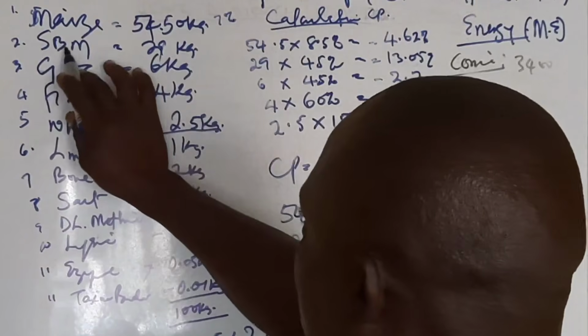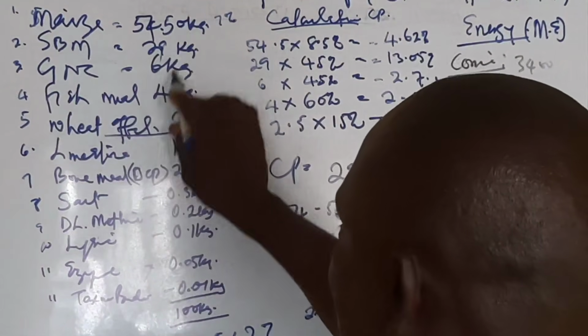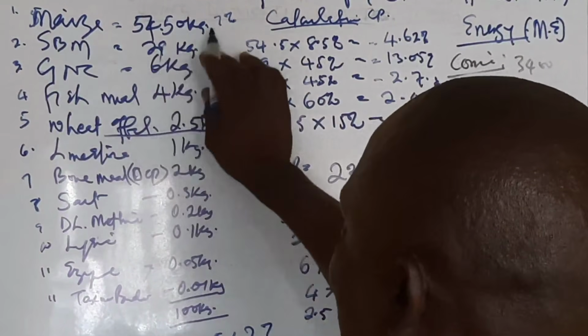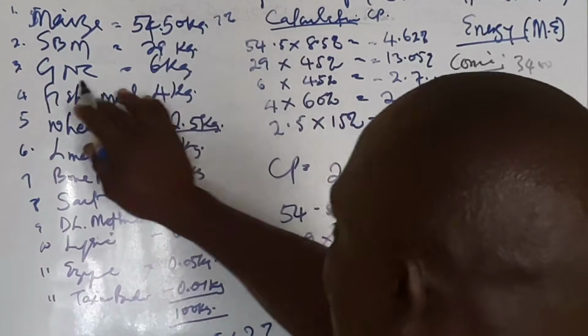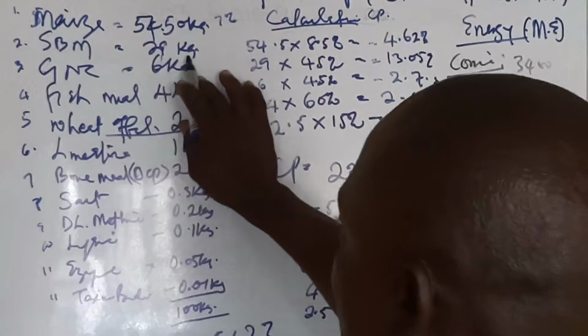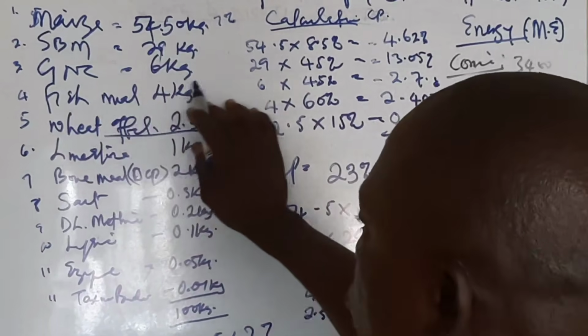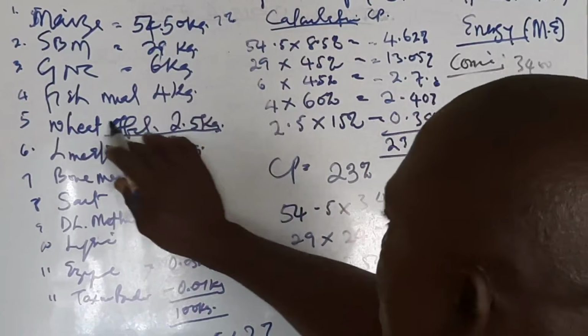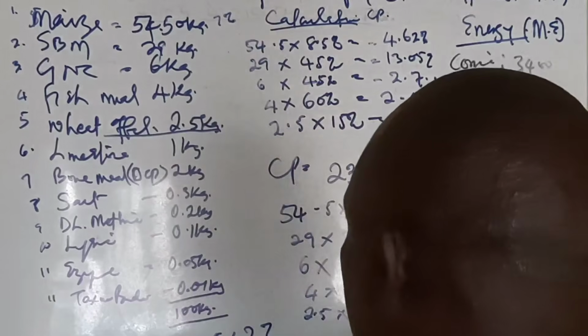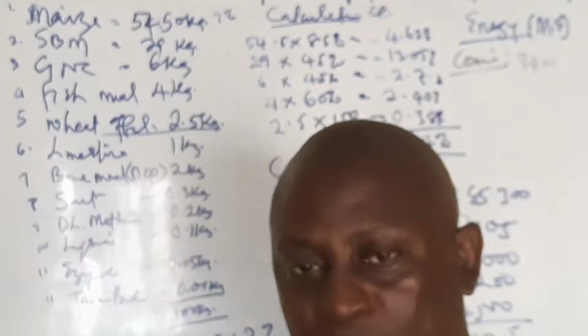Then if that of soybean is about 10%, what you do is 29 times 10%. Then that of groundnut cake is about 8%. That will go 6 times 8%. That of fish is about 12%. It's 4 times 12%. Then with offal, multiply like that, you get this also. Add all, you get it also. That's how you can get other nutrients from beginning to the end.